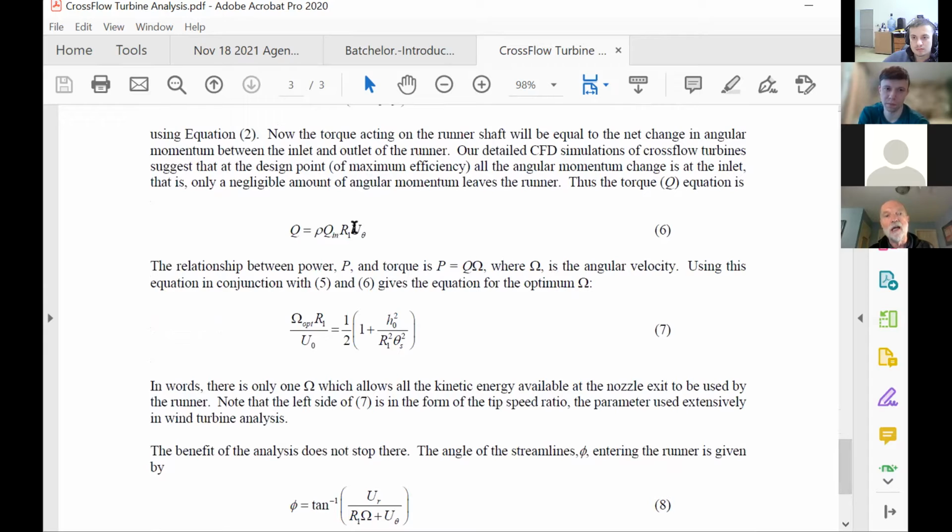So you see in the angular momentum equation, u theta, which is the circumferential velocity, times the radius of the entry. So R1 times u theta is the angular momentum that is entering the control volume. And the amount of that angular momentum that is entering is the density times the volume flow rate.